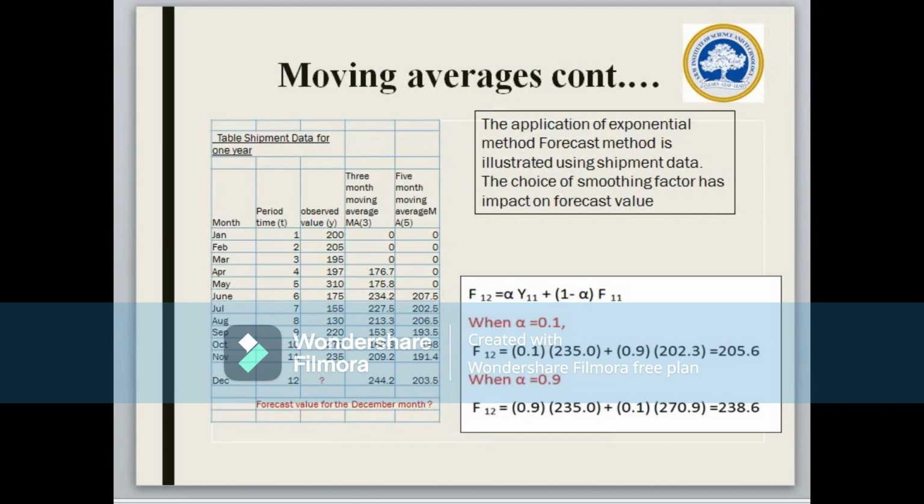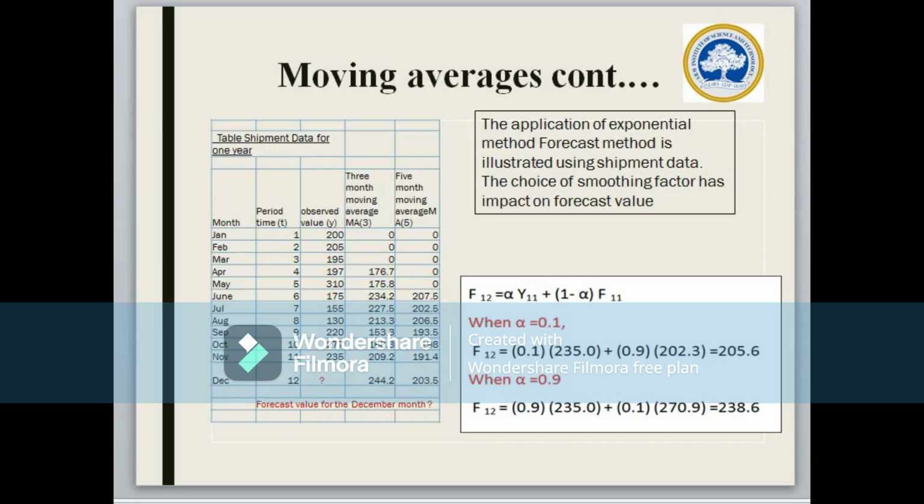Now here I have shown the table for the shipment data. The same table I have taken, and we need to forecast for the 12th month. That forecast value is given as f of 12, and for alpha, the smoothing value, I have given the variation with alpha equal to 0.1 and 0.9. The choice of the smoothing factor has an impact on the forecast value.